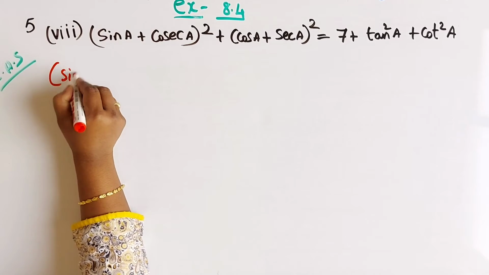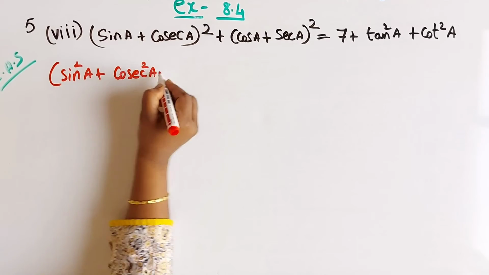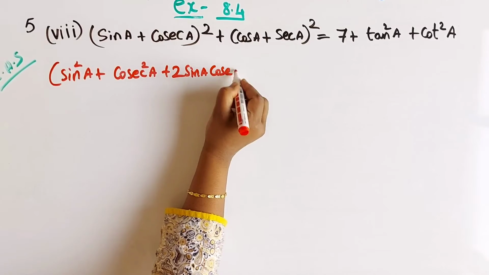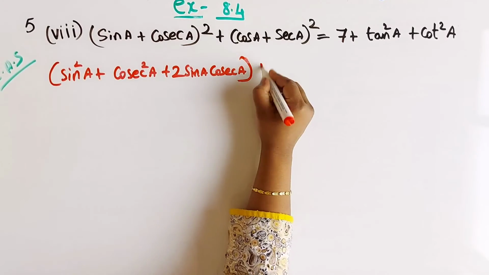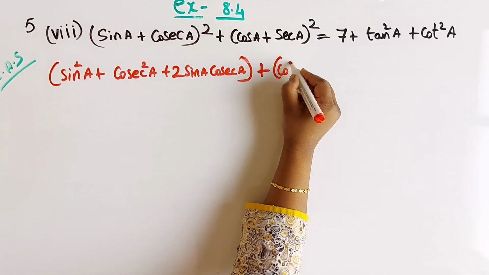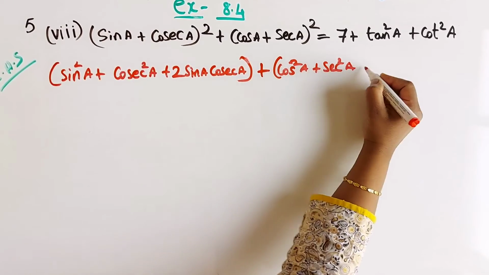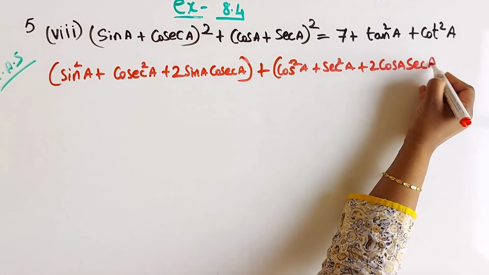That is sin square A plus cosecant square A plus 2 sin A cosecant A. Here also (A plus B) whole square: cos square A plus secant square A plus 2 cos A secant A.